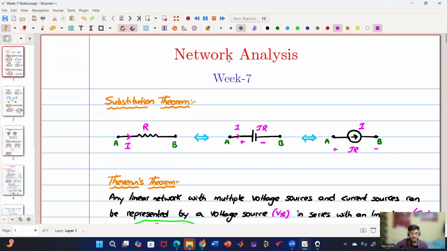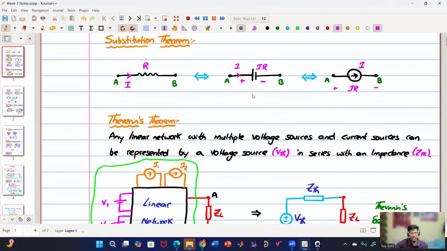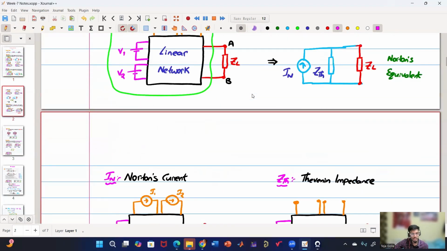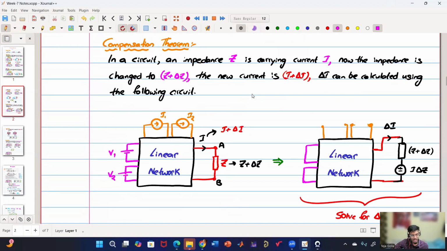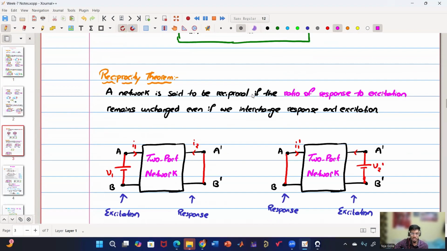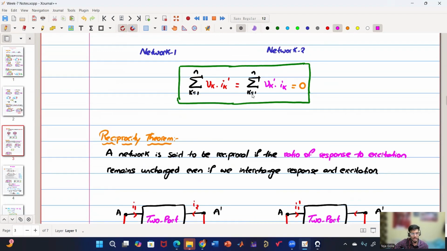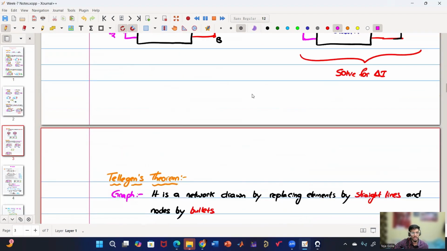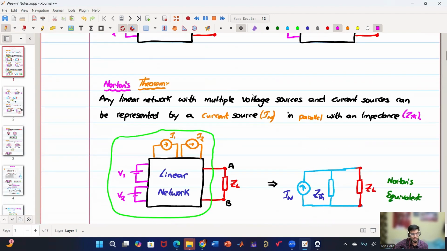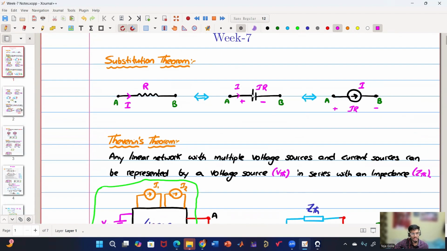So just to summarize, we have discussed multiple network theorems. We started with the substitution theorem, then Thevenin's theorem, then Norton's theorem. Then we discussed the compensation theorem, Tellegen's theorem, and the reciprocity theorem. Although we have not solved problems on all the theorems, we have covered the majority. We solved one problem on Tellegen's theorem, one that covers the compensation theorem, and one that covers Norton's as well as Thevenin's theorem.